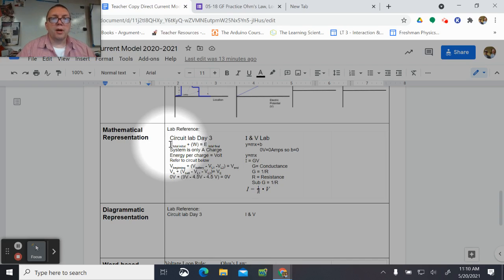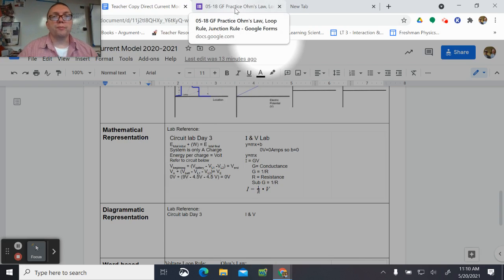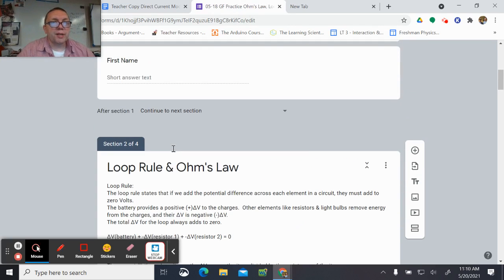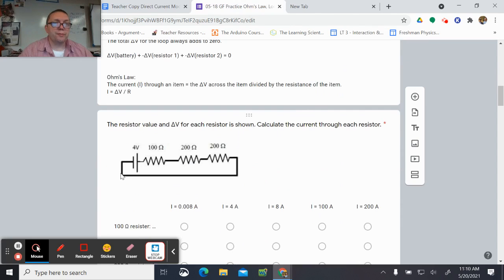So the current loop rule, or pardon me, the voltage loop rule says that as we go around a circuit, if the battery gives each charge 4 volts, then as the charges go through the items in that loop, the charge loses that energy.